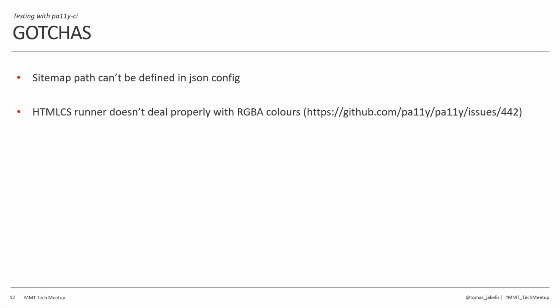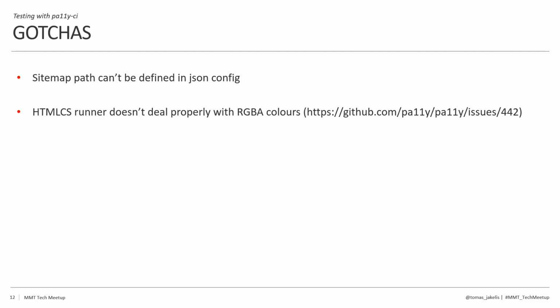So gotchas. We don't have too many of them. The sitemap path can be defined in the JSON config. Probably it would be nice just to show, but you cannot define a sitemap URL in the config.